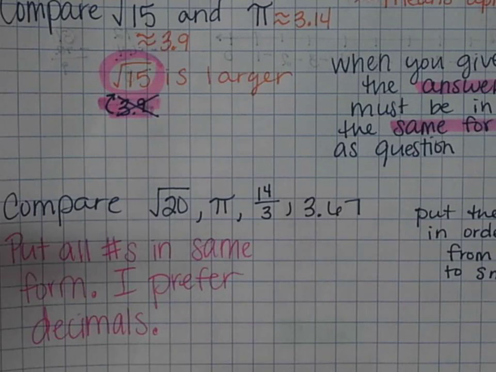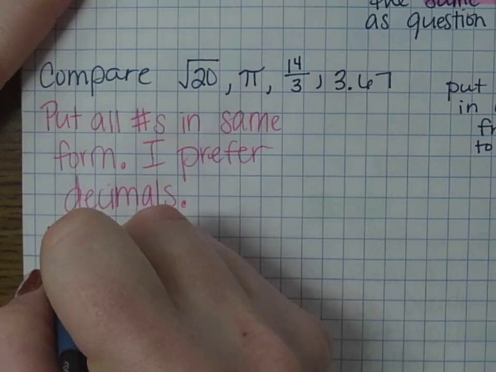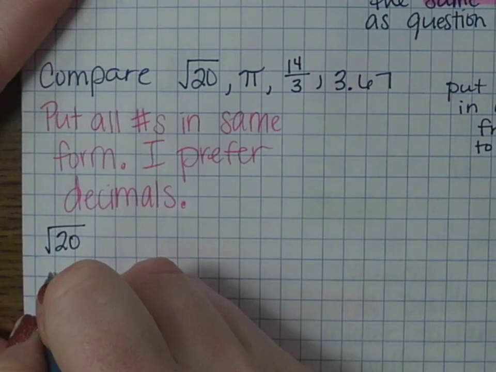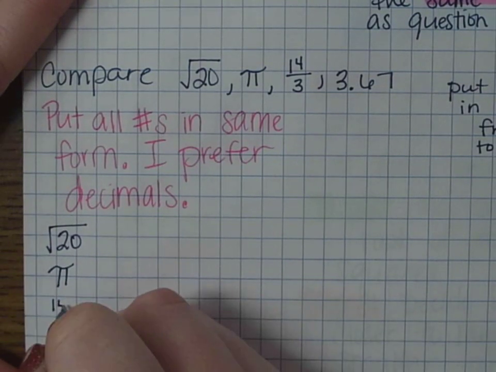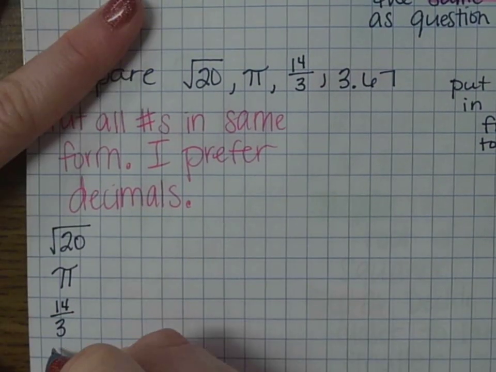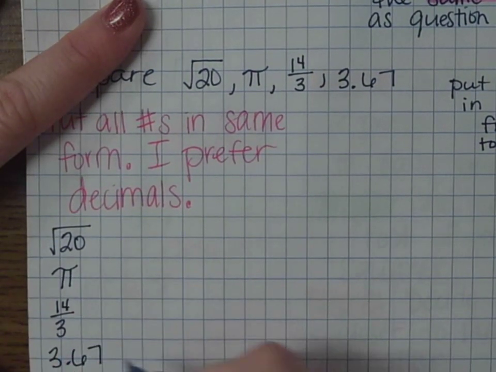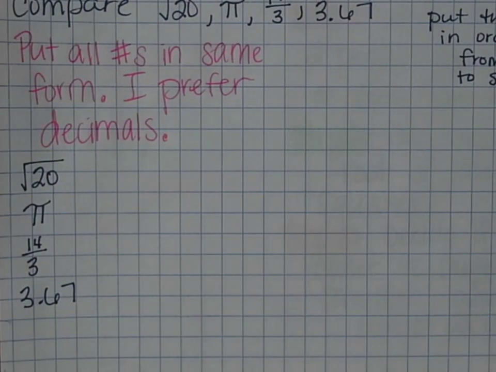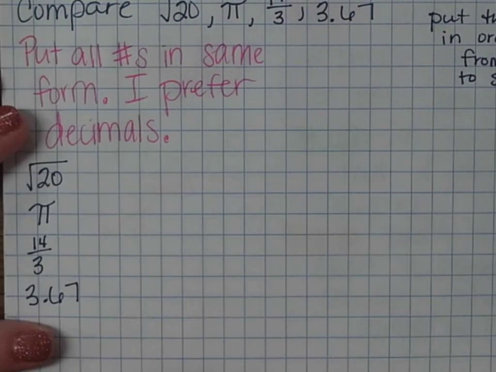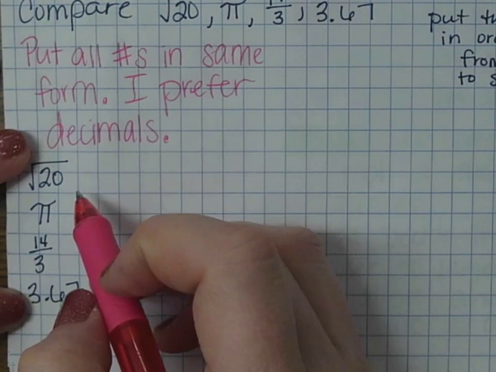Okay, so let's find what, I'm going to just rewrite them all down here. Square root of 20, pi, 14 over 3, and 3.67. So I'm going to put them all in the same form, and I prefer decimals.